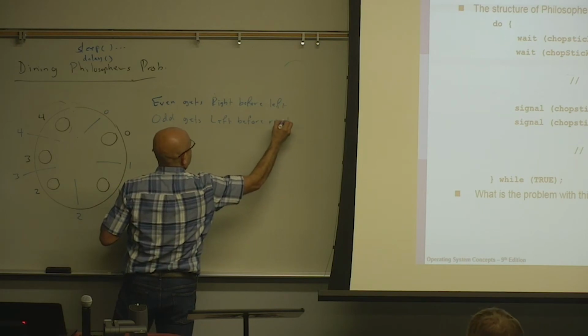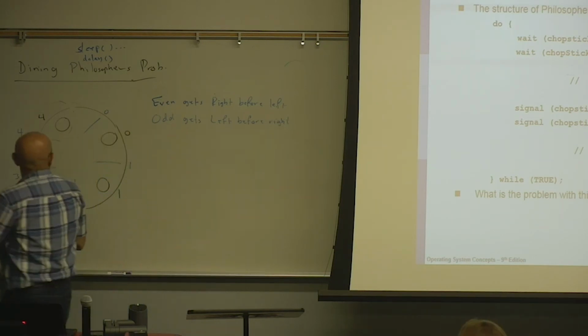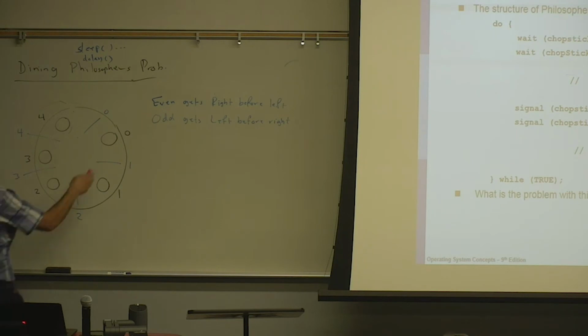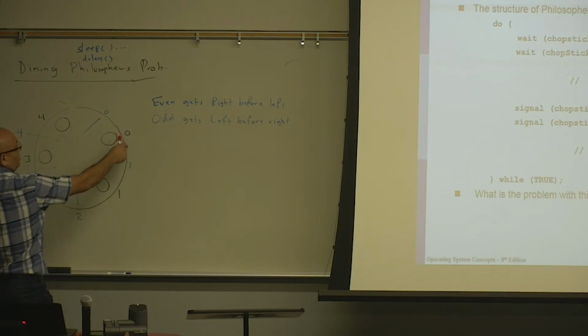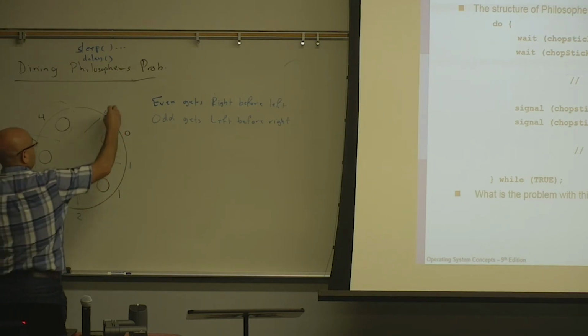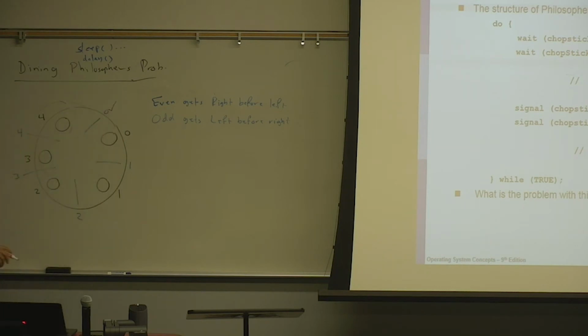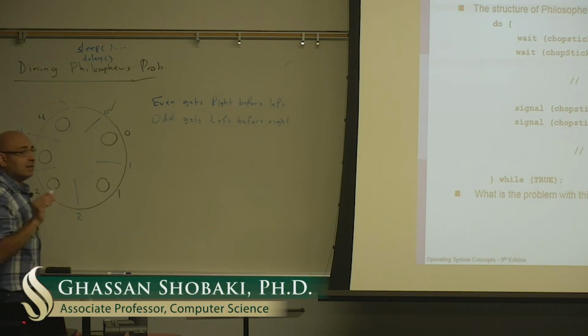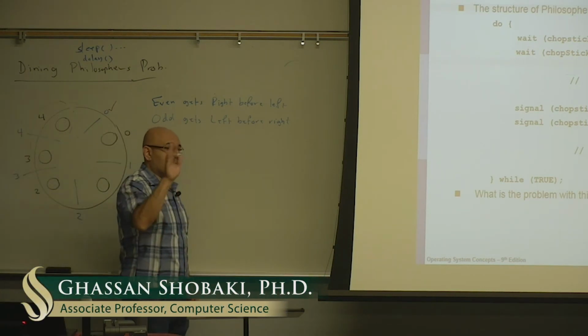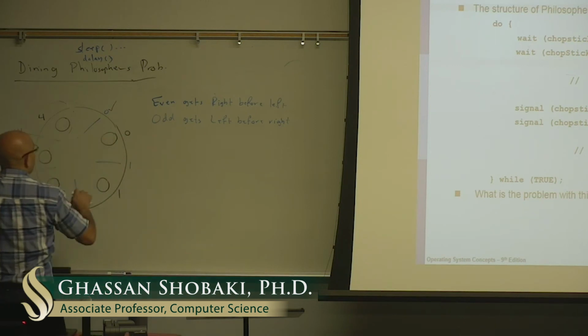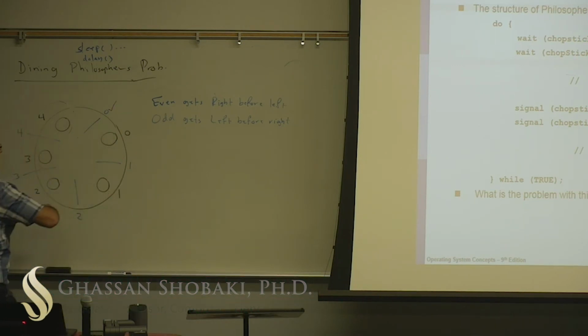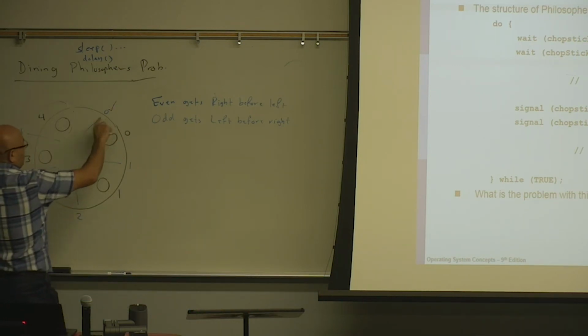According to this scheme, 0 is even, so it's going to get the right before the left, so it's going to get 0. Now let's assume that we'll have the philosophers getting hungry in order, 0, 1, 2, 3, 4. So now 0 will get this.